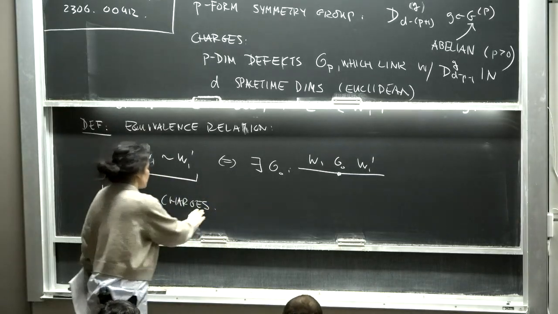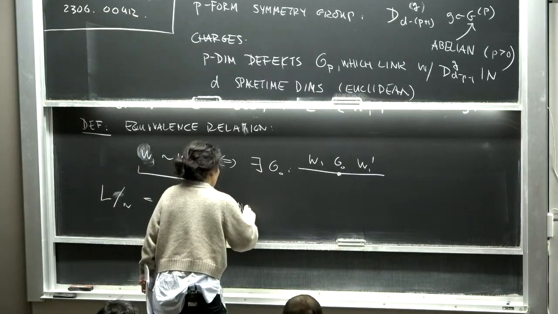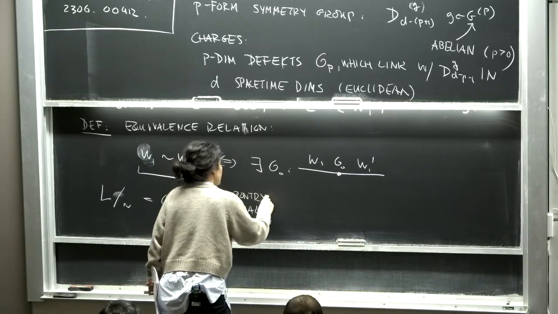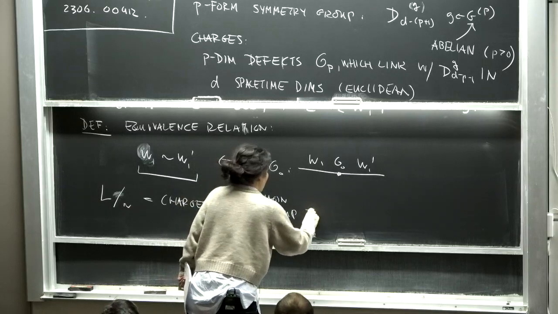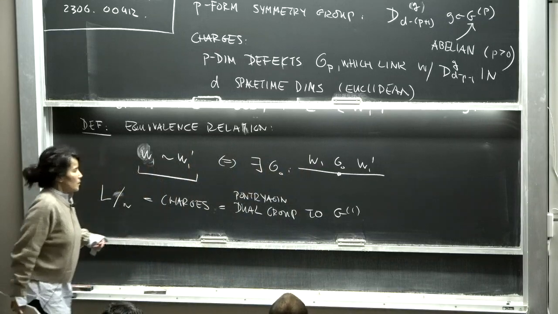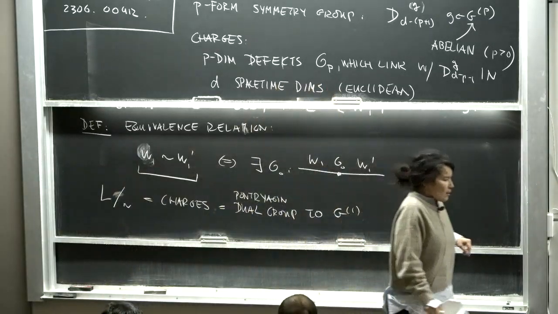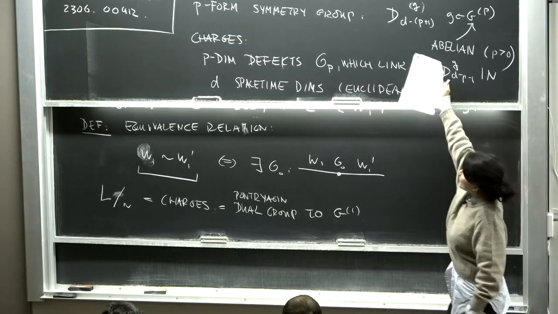And in fact, these charges will be precisely the dual, or the Pontryagin dual, to what we call the one-form symmetry group. So one way to understand this is, if I have a one-form symmetry, I have these codimension 2 topological defects from here.